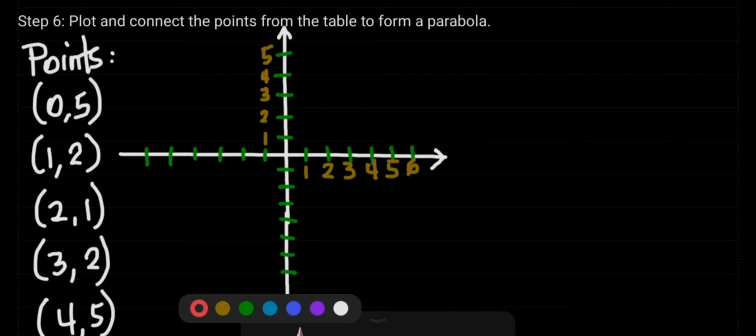So we will locate 0 and positive 5. So this is (0, 5). Then (1, 2): 1 to the right and 2 up. Then (2, 1): 2 to the right and 1 up.